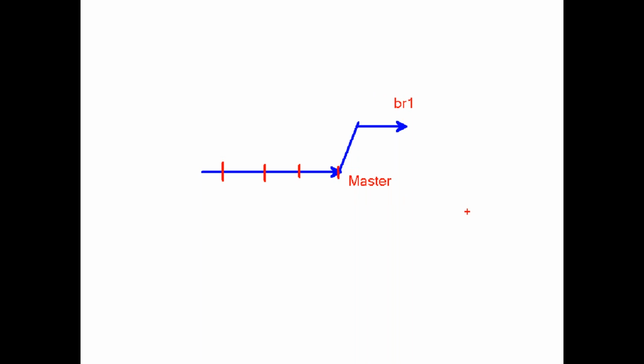Now if you want to create a branch at a specific commit, suppose I want to create a branch at this specific commit, I can do it. It's branch BR1, right? Now this is branch BR2. Branch BR1 is able to access all commit IDs, but branch BR2 can see the code only up to this commit ID.